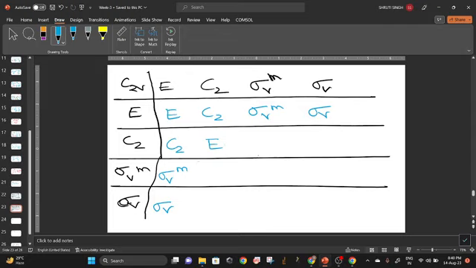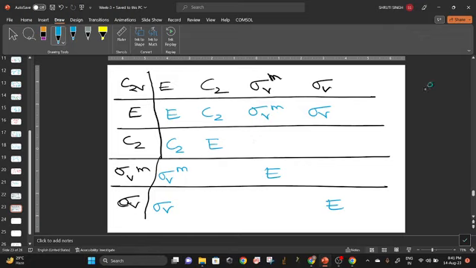Two times molecular plane you will get E, two times reflection you will get E. Okay, now what else? Molecular plane, then C2, these two, you will get sigma V only.